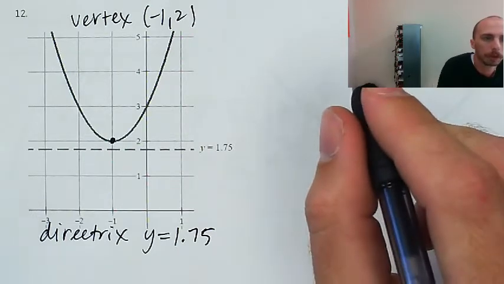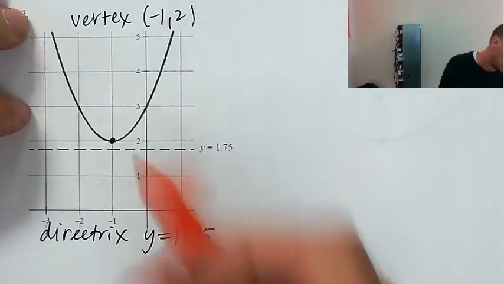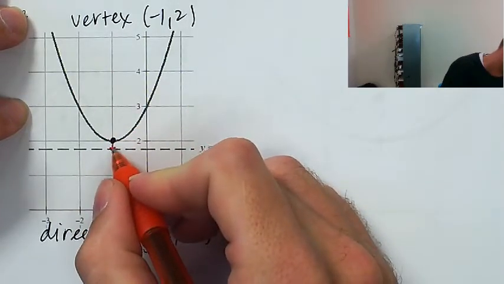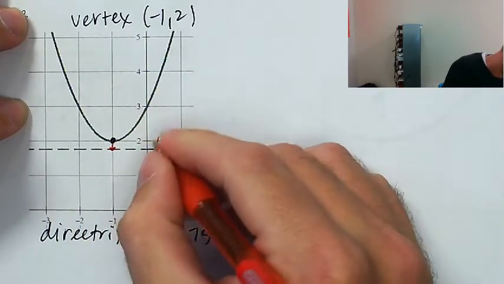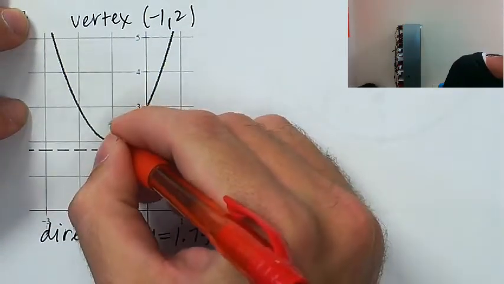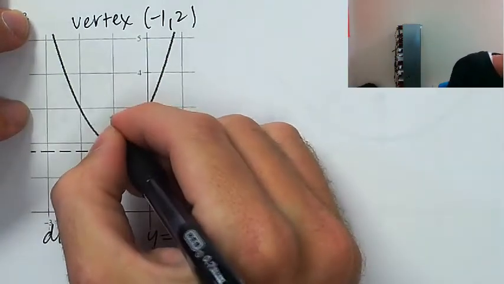And kind of lost track. Oh yeah, the p-value. Okay, so the distance from the vertex to the directrix looks like it's 0.25. So if I went up another 0.25, I'd have the focus point.